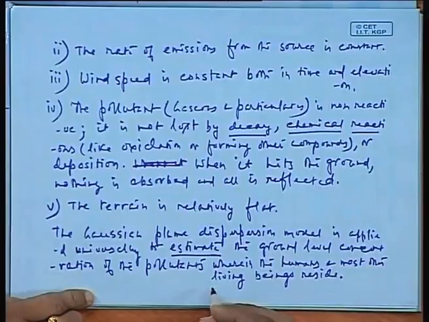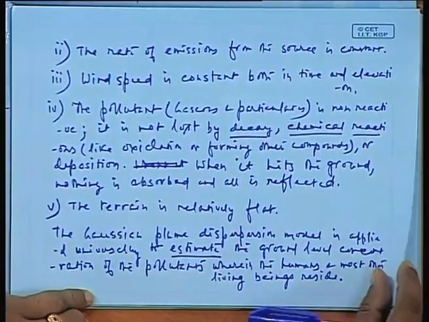There are certain changes and some adoption that have been made, but mostly all the air dispersion models basically revolve around the Gaussian plume distribution. So, the Gaussian plume dispersion model is applied universally to estimate the ground level concentration of the pollutants wherein the humans and most other living beings reside.